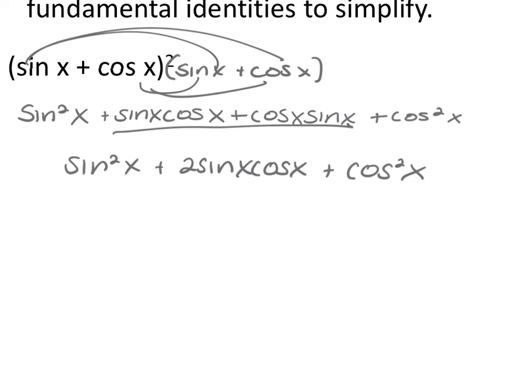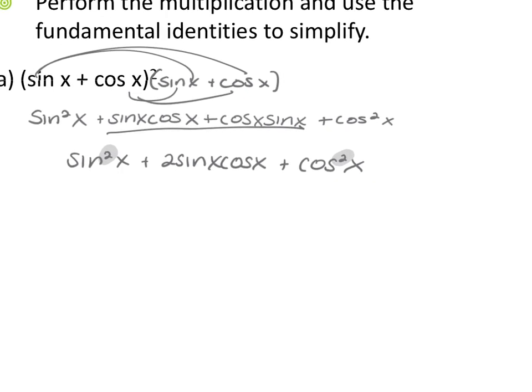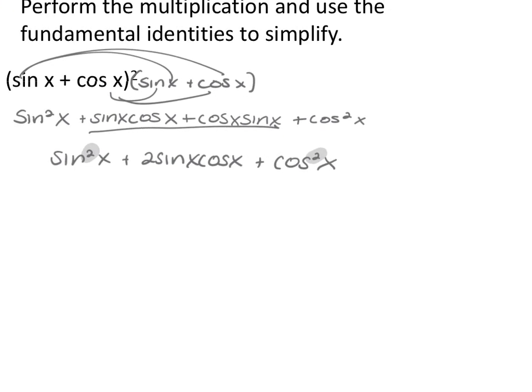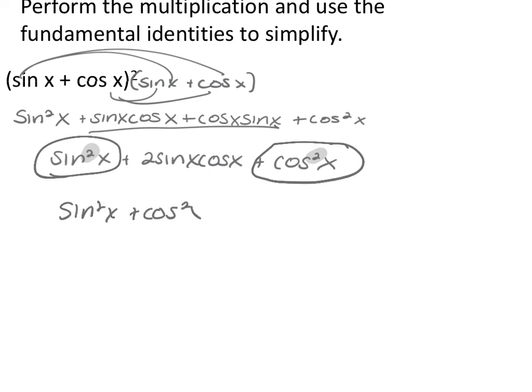Now is that as simplified as I can get it? No, what can I do there? You have to use the identity. Good. As soon as I see squared, I check my Pythagorean identities. Is there a Pythagorean identity I can use to combine sine squared x with cosine squared? Yes, the answer is yes. So that gets replaced with 1.